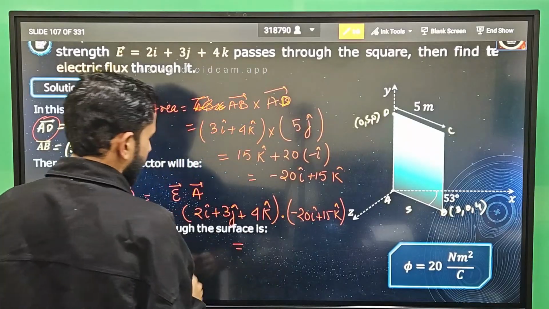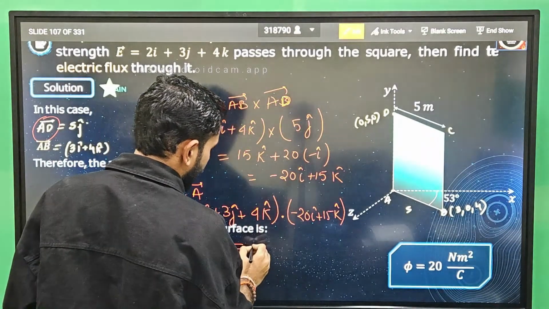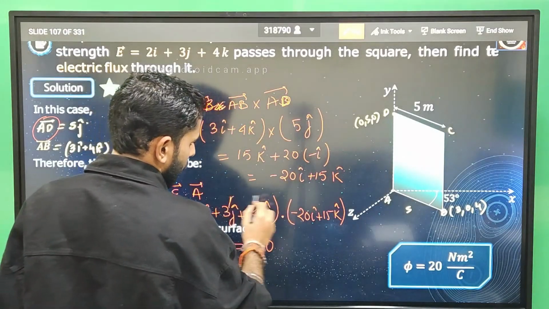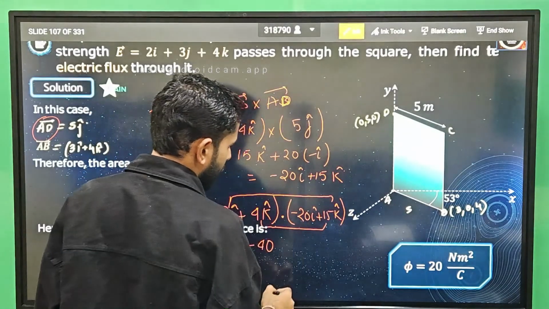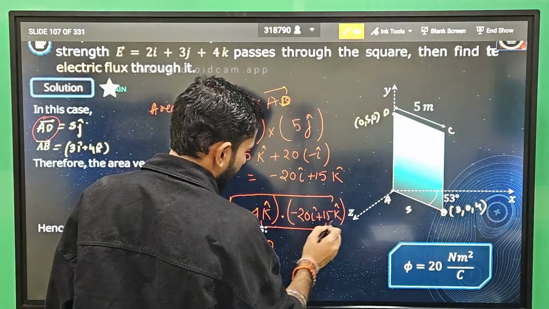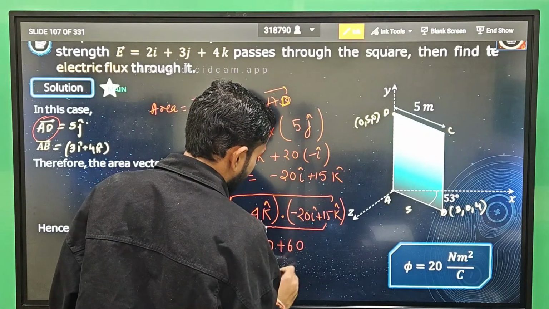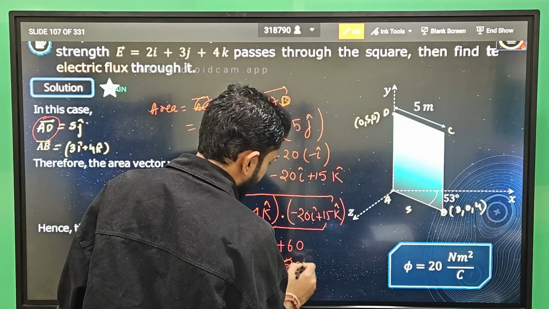Now what is the final result? It is 2I dot 20I, minus 40. Then J dot anything will become 0. Finally, 4K dot 15K will be plus 60. 60 minus 40 will eventually be 20.